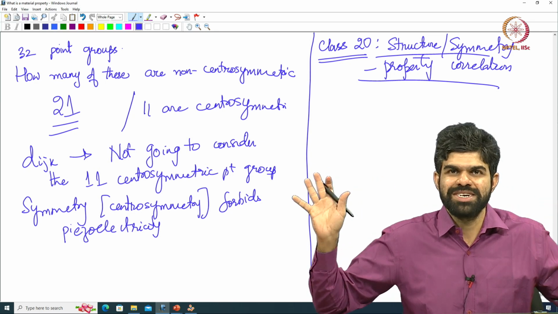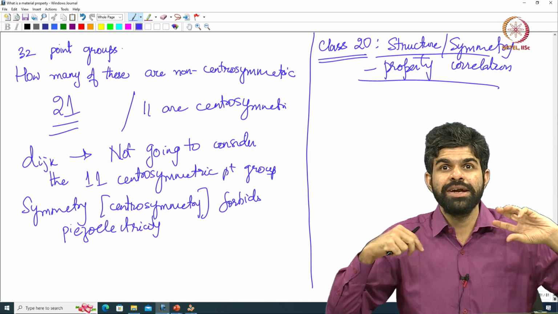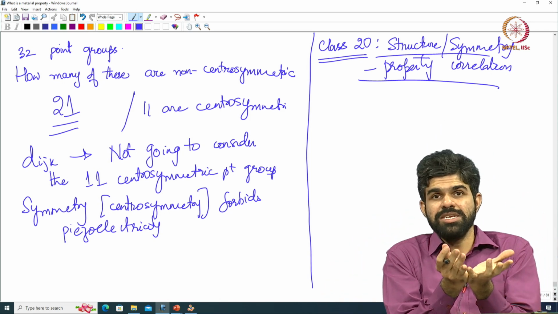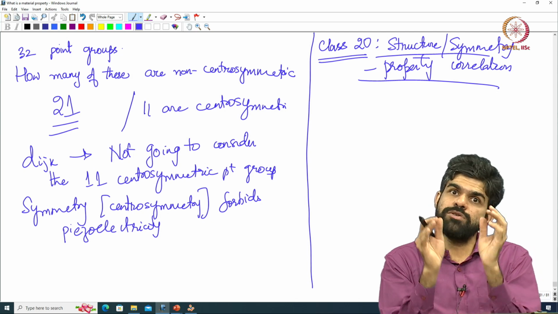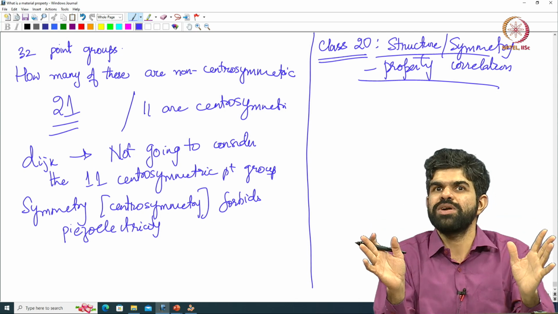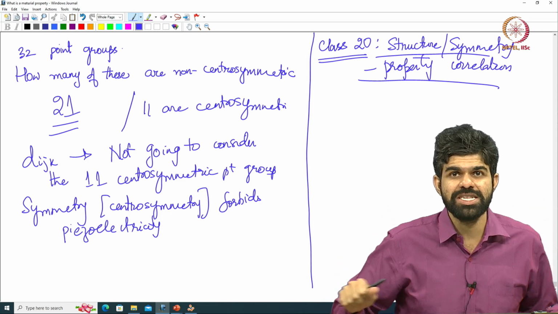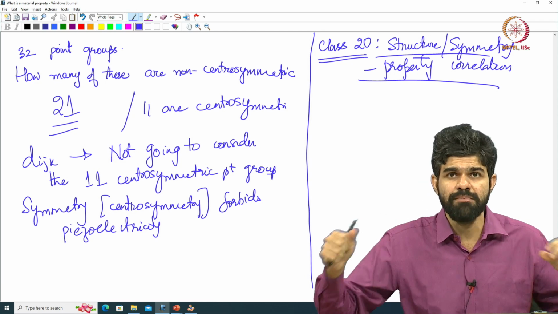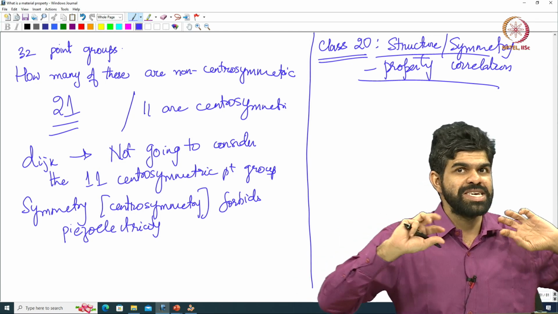You have to reduce the symmetry, that is it. If you want to make a material piezoelectric and the material crystallizes in a point group symmetry that has inversion symmetry, you have to break it somehow. Your materials engineering strategy should be such that you break this inversion symmetry. I will strain the material, I will apply some field, I will do something to break the inversion symmetry, or I will change the composition.